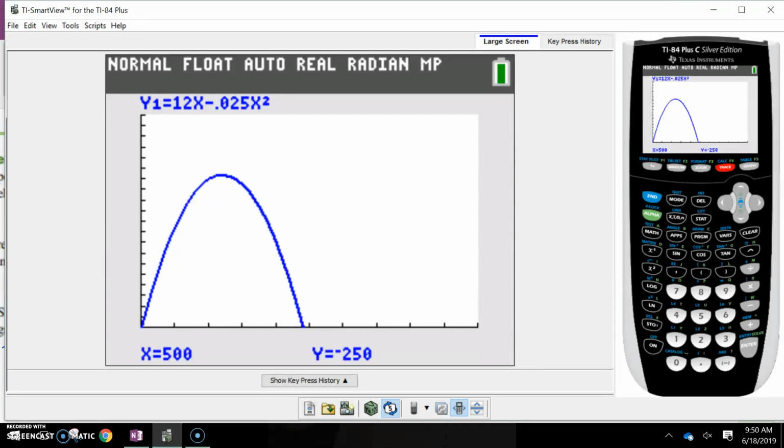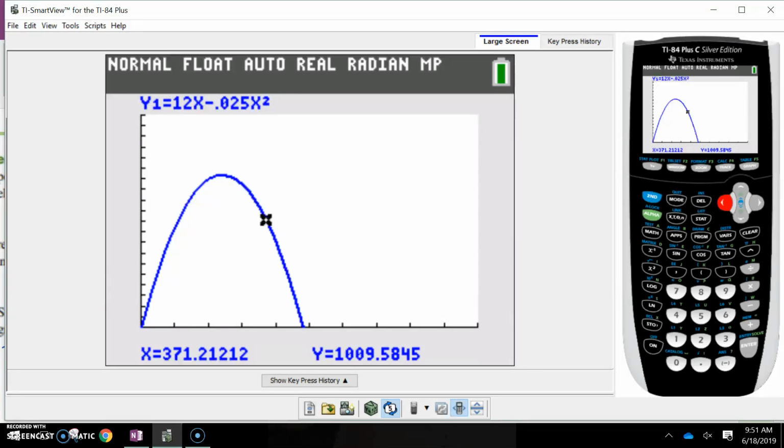So I can see here that when my cursor, get it on the screen here. Where is it? I think it's too far. I'll go back because my Y values are negative, so I must have gone too far. There it is. So I want to be about 1 million. So that would be at 1,000 here. So that's not too bad.